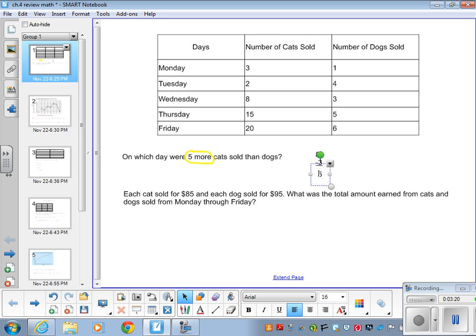You're correct, 5. So, they want to know on which day were 5 more cats sold than dogs. Wow, we just found it. 5 more cats were sold than dogs, comma, on Wednesday. Excellent job.